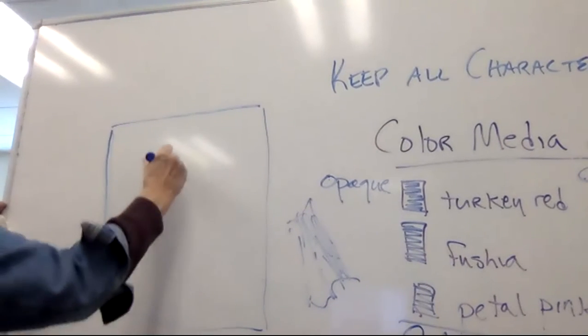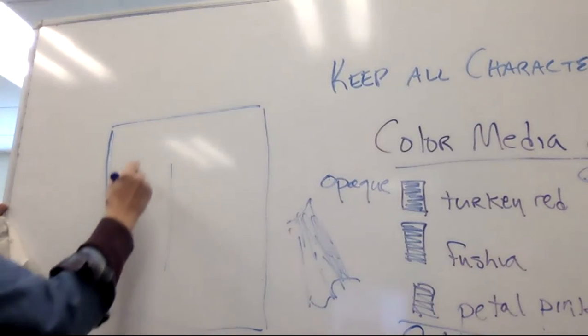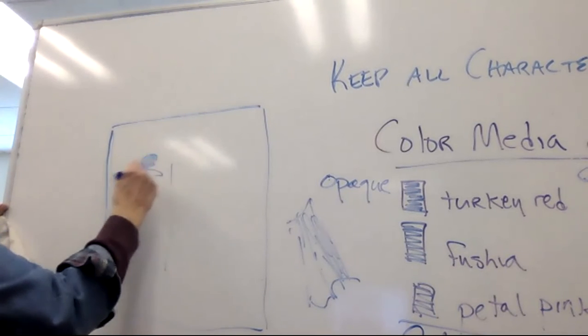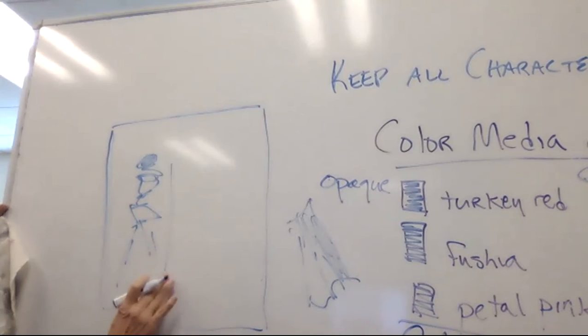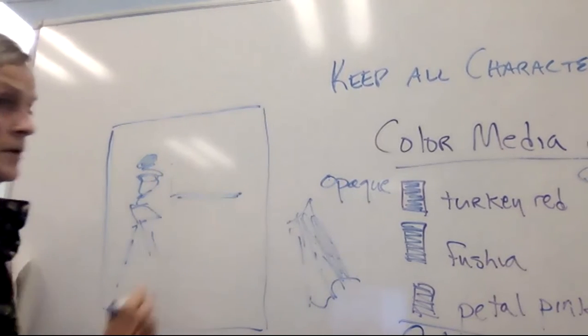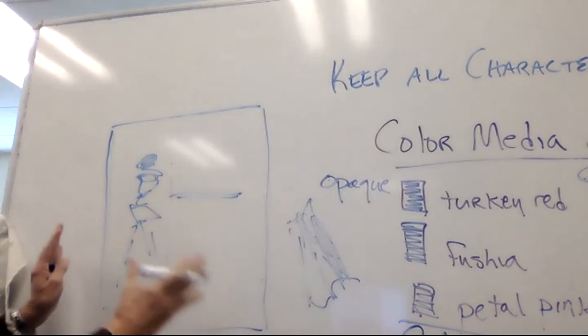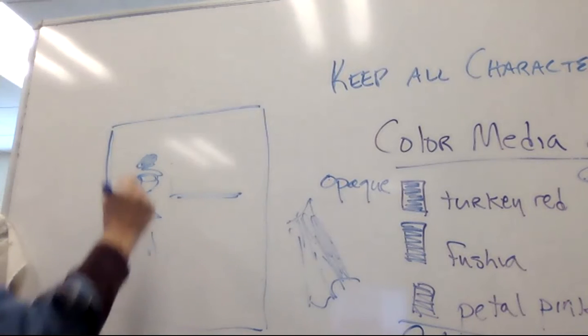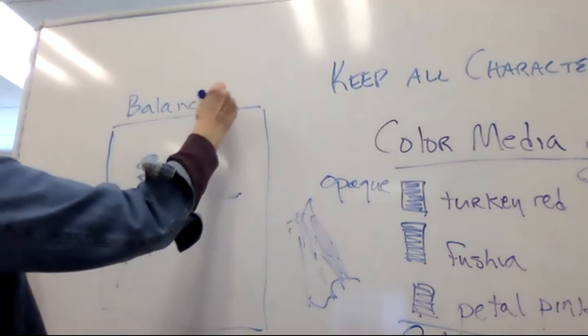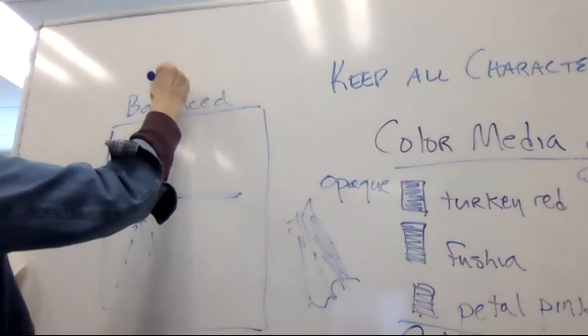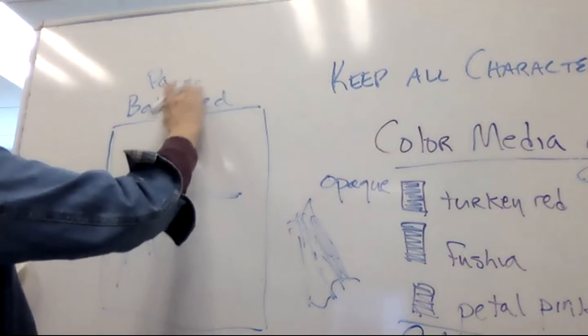That doesn't necessarily mean in the center, but maybe you're going to put him on the side. You might put them over here because something else is over here, but the page needs to be balanced. So you want to work with creating your figure so that the page is balanced.